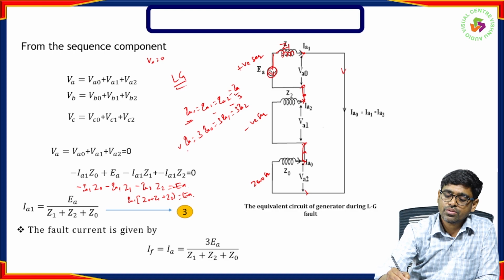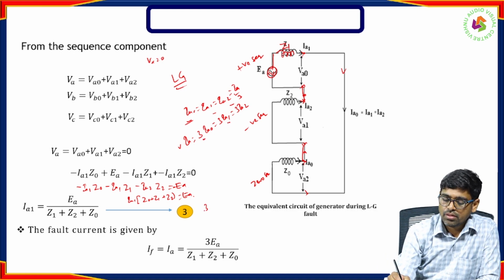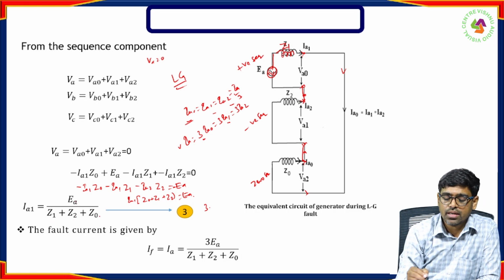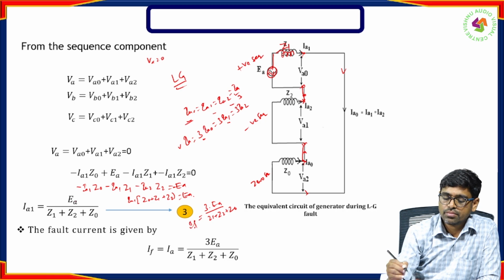Ia is the fault current, so Ia equals 3 times Ia1, which is 3 into Ea divided by Z1 plus Z2 plus Z0. This is your fault current.